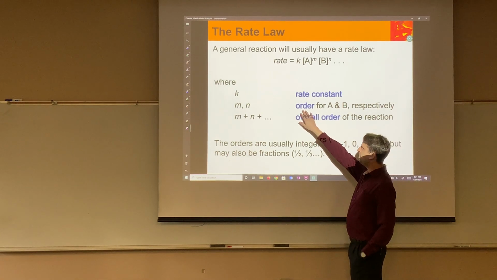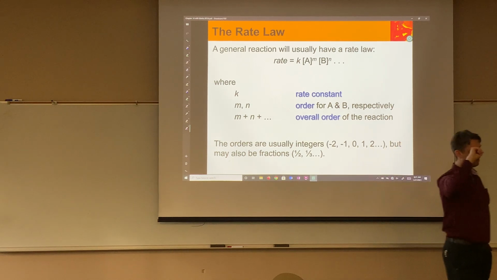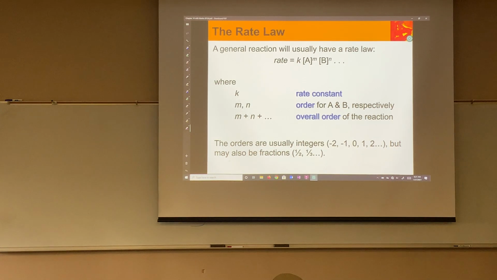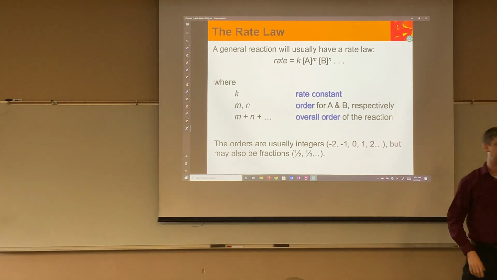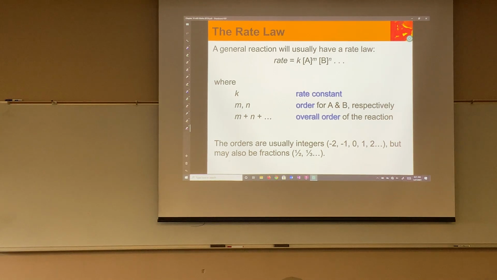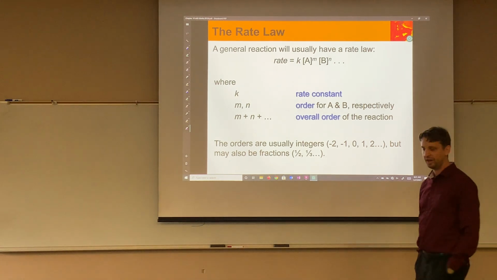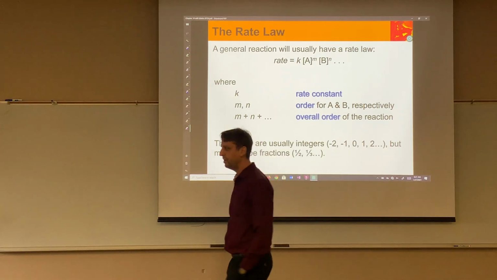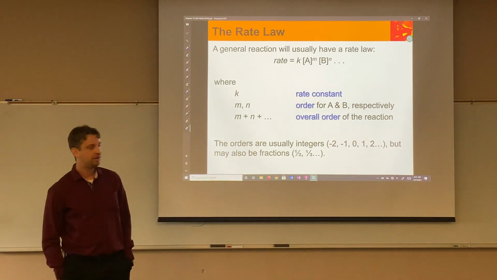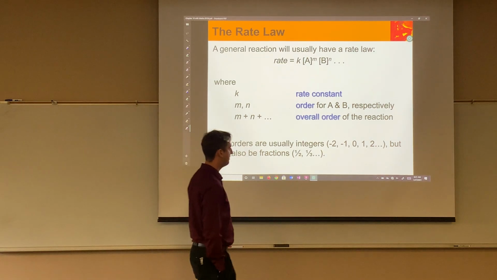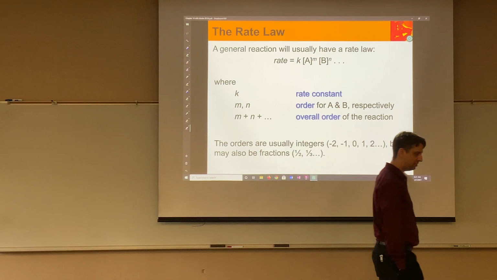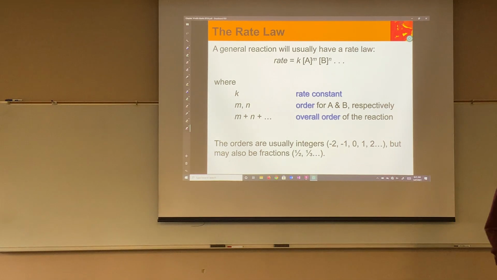But when the book refers to it, when I call it out, or when I'm talking about it, m and n are the order of a reagent, and the overall order is the sum of m plus n, and that's for the reaction itself. Later on today, we'll talk about zeroth order, first order, and second order reactions, and that's what we're referring to there. Just whatever generic reactions.